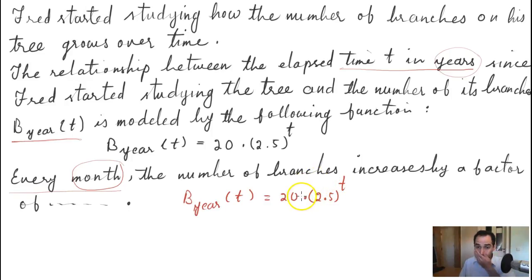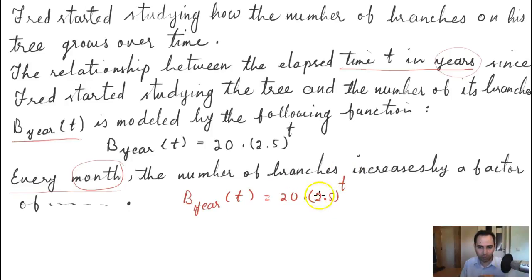Now, what this function does is that the initial number of the branches was 20, and every time you increment your t, another factor of 2.5 is multiplied by the number of branches. So when t is equal to 0, you have only 20 branches. When t is equal to 1, then you have 20 times 2.5.